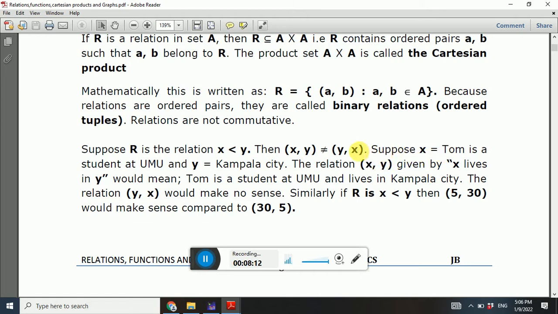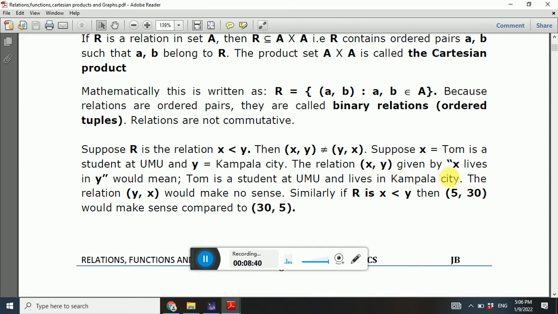So there's an example here which I gave to demonstrate more on this. They are saying that X represents Tom is a student at Nkozi, and Y represents Kampala city. The relationship you can formulate between these two, maybe you can say that Tom is a student at Nkozi and he lives in Kampala. Suppose that is the relation we have formed between the two.